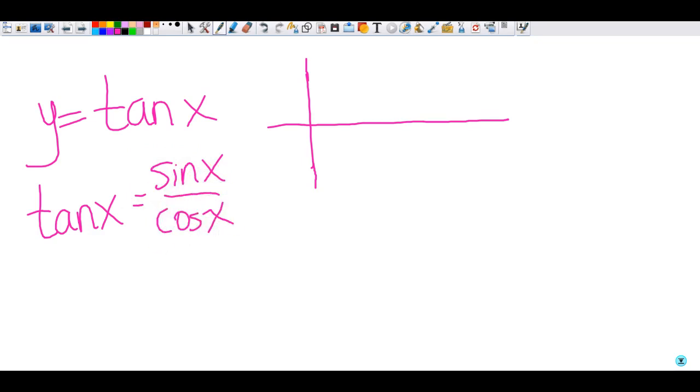And so we're going to do the same thing. We're going to go from 0 to 2 pi. Probably shouldn't have made that so big there. 2 pi. Here we are at pi halves, and 3 pi halves. Okay, we can go ahead and make 1 and -1. All right.